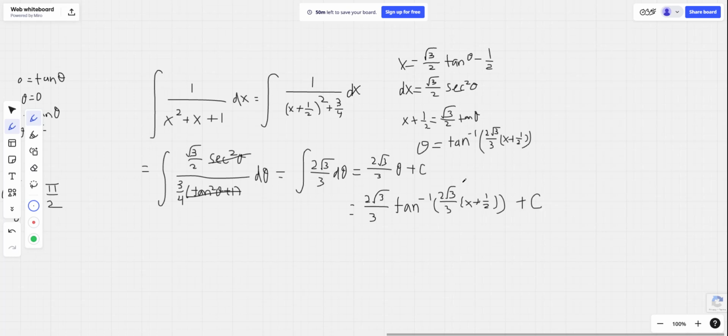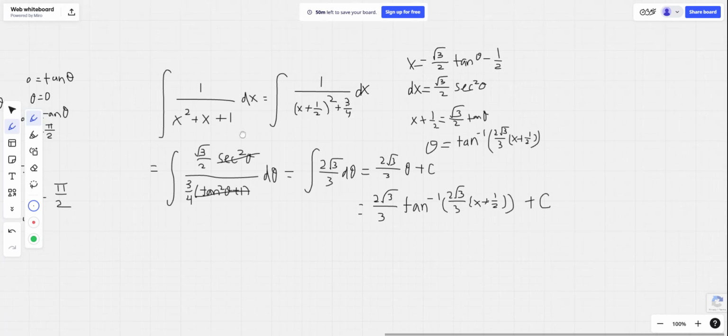Okay, so this was a very tedious example to work through, but now you can see the power of the trig substitutions. Basically anything that looks like a quadratic plus a constant term, even if it requires completing the square, that's where you could use the tangent substitution.